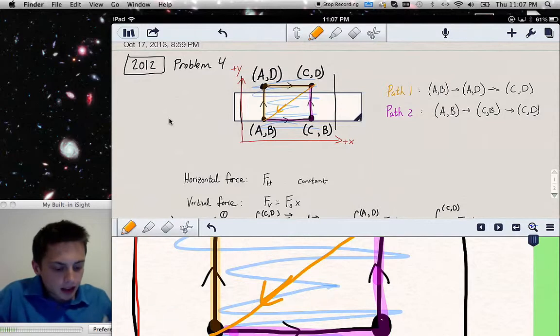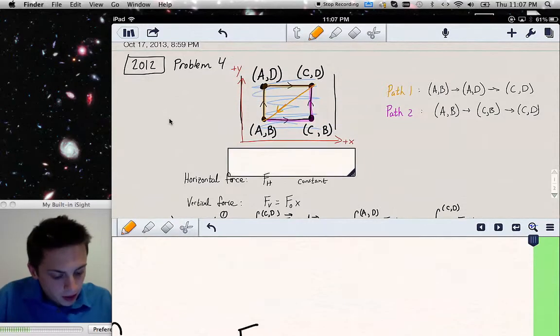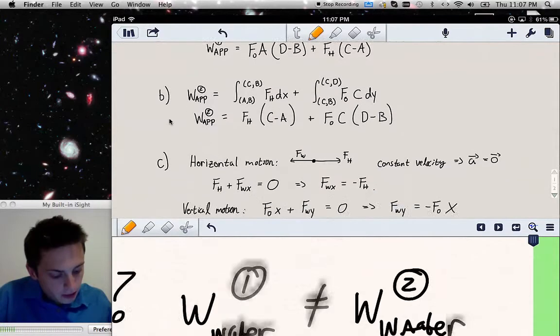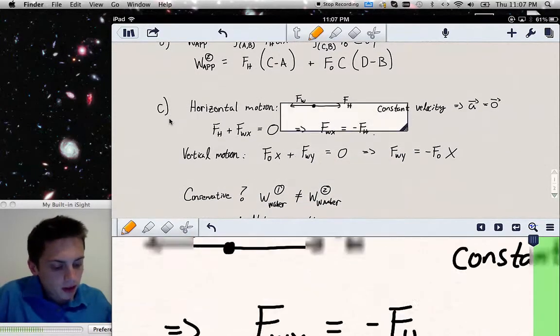The x component will be FH the entire time, but the y components will change as x changes. So there is no potential function given by what we found earlier that will cover for that.